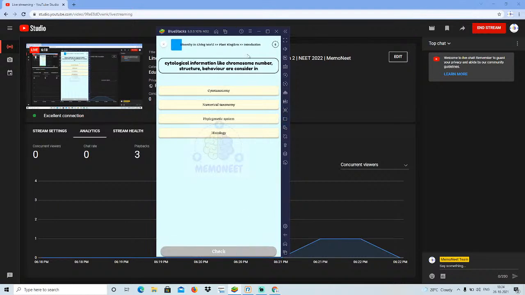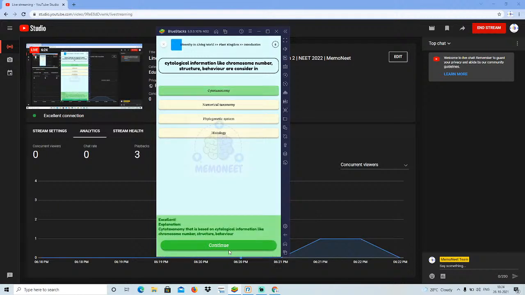Cytological information like chromosome numbers, structure, and behavior is considered in cytotaxonomy, obviously. See how, when you answer this question, that particular line in NCERT comes into my mind, exactly the book. This is why I think MemoNeet is one of the best apps that you should use to practice.